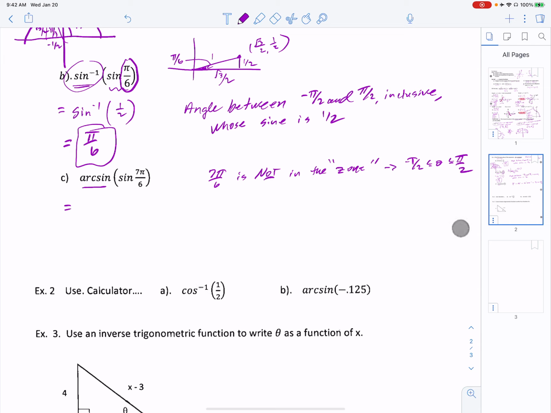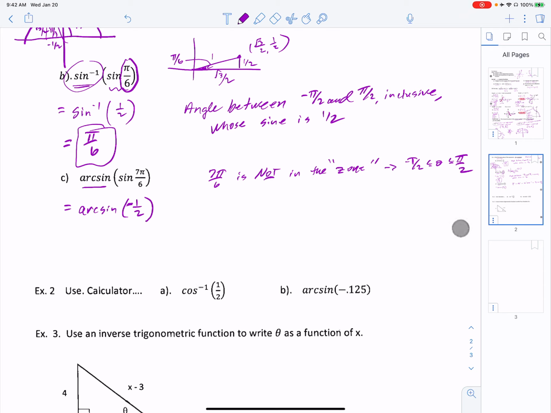So when I do this, I'm going to do the inside first. And the sine of 7 pi 6, again, the reference angle is 30 degrees. And the sine of 30 degrees, or pi 6, is 1/2. But since it's in quadrant 3, it's negative.